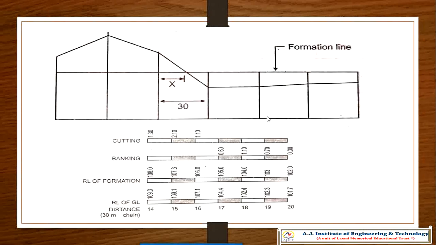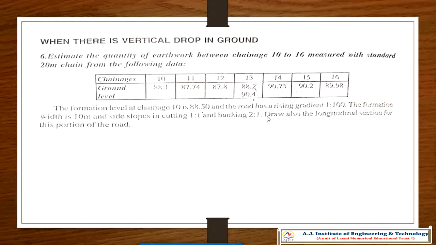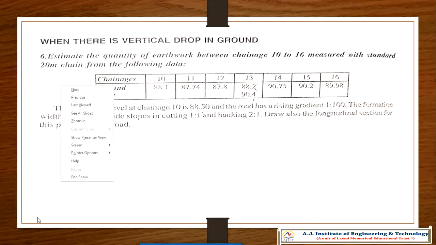Now we are going to another method which is called sudden drop, when there is a vertical drop in the ground. What is vertical drop? Think that this is the ground.